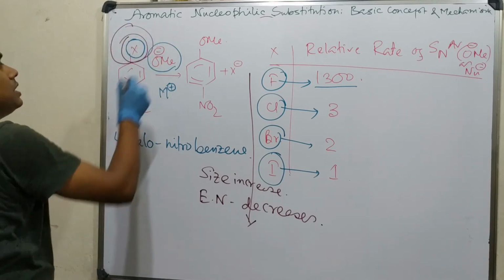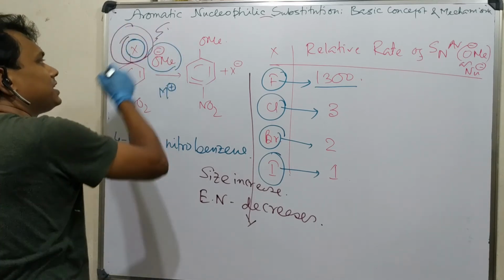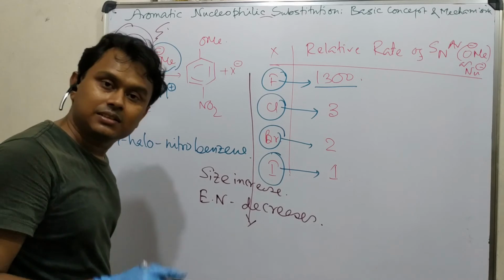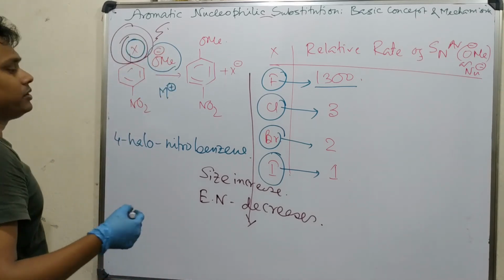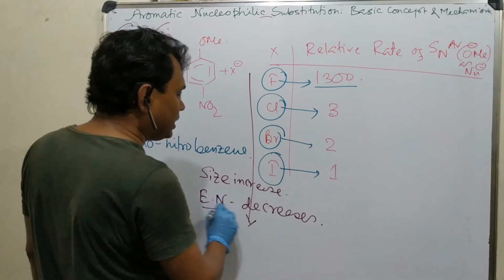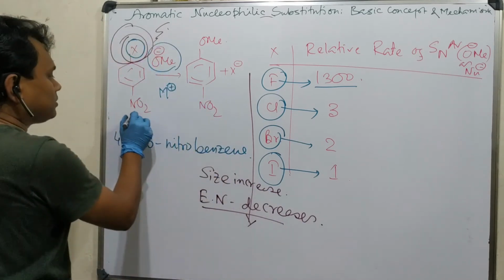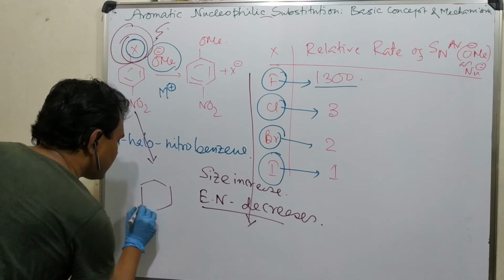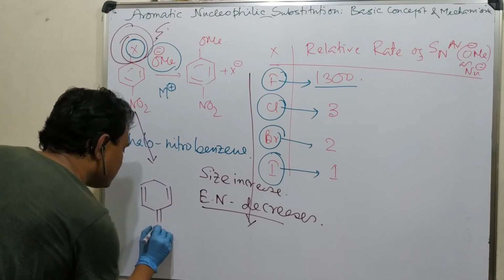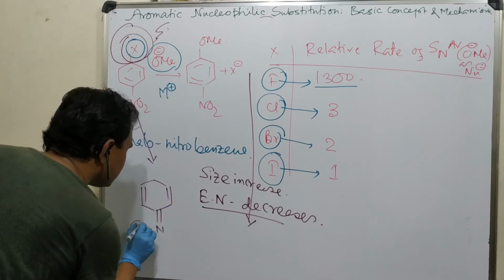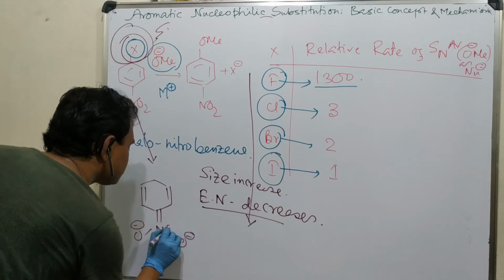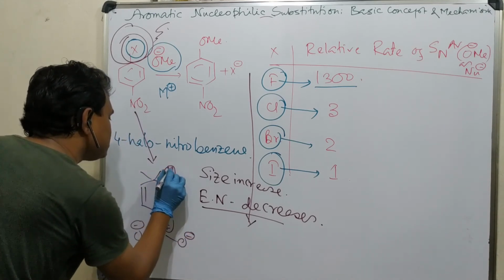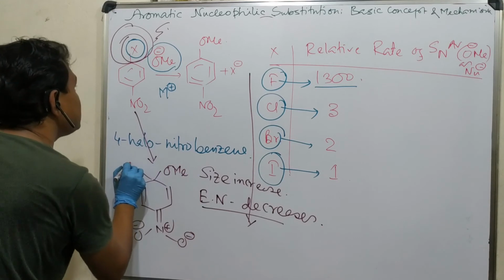Bigger size. So the nucleophile is facing some steric repulsion to attack this center. First point. Second point, what about the electronegativity factor? This attack results in the formation of an intermediate. What type of intermediate? Just as I have drawn previously. This is O minus, this is plus, and this is OMe, this is X.